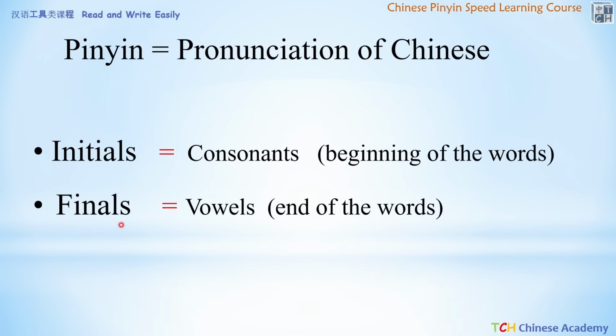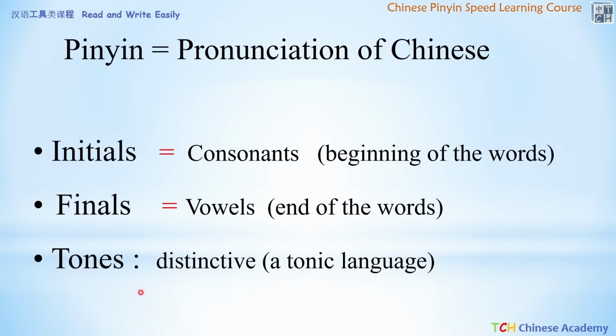And the finals are very much like the vowels in English, and they are always at the end of the words. So that's why they are called finals. And the tones are so much different from English because Chinese is a tonal language, and pinyin with different tones are distinctive. Then let's have a quick look at the initials.